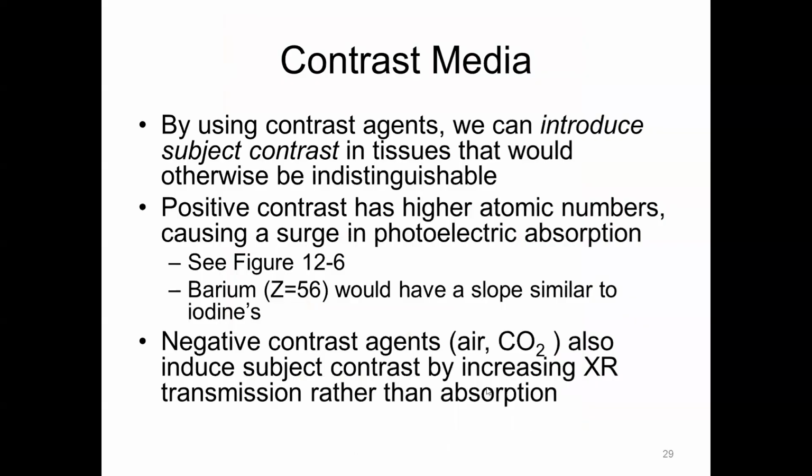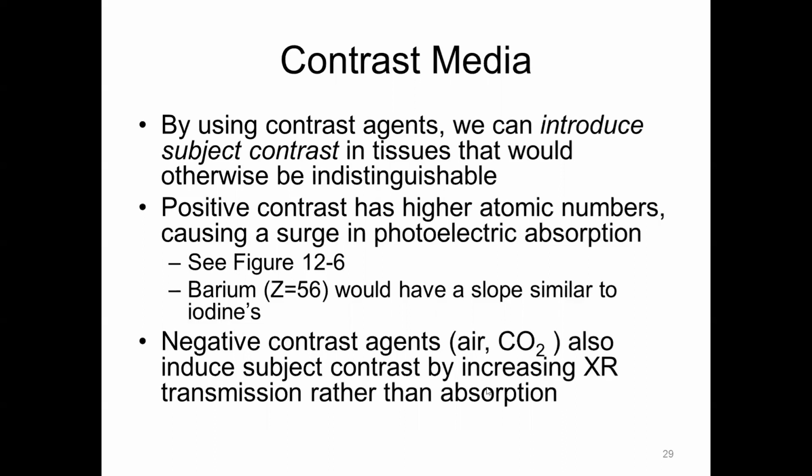The last thing we need to talk about here is contrast media. Contrast agents can introduce subject contrast in tissues that would otherwise be indistinguishable. You know, we have positive contrast agents and negative contrast agents.